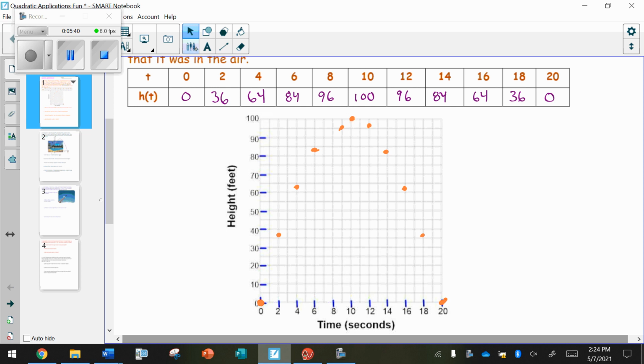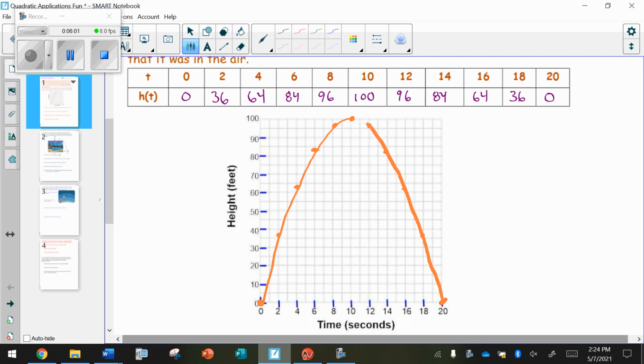Oh, that was the one. This one right here. Holy cow. There we go. Whew. Okay, so sorry about that. Even the best mathematicians make errors sometimes. Okay, so there's the path of our t-shirt flying through the air.